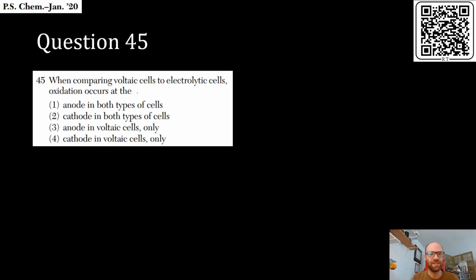When comparing voltaic cells and electrolytic cells, oxidation. So we've got a redox reaction going on. These are electrochemical cells, but there's another little set of words that I like to remember looking at these. Red cat and ox. And this tells you what's happening where. You have an anode and a cathode when you're looking at any electrochemical cell, whether it's electrolytic or voltaic.